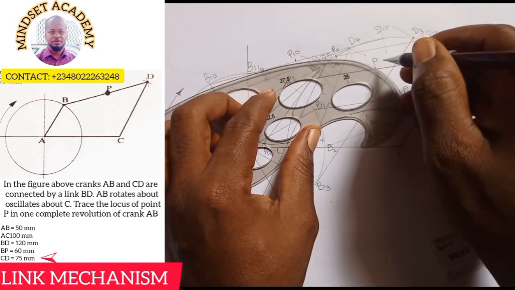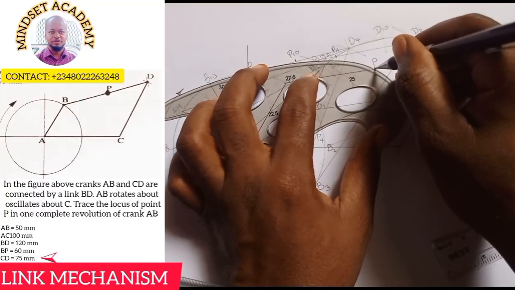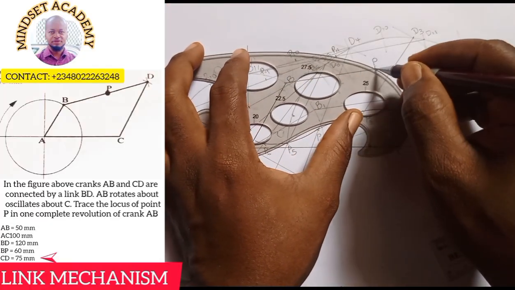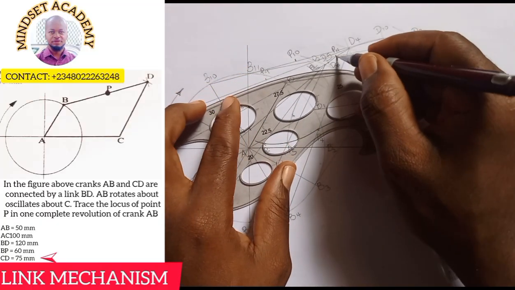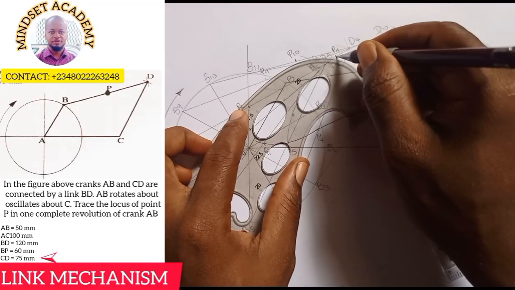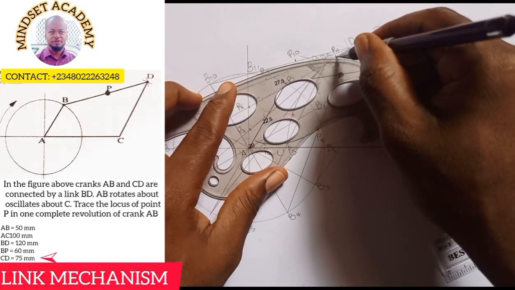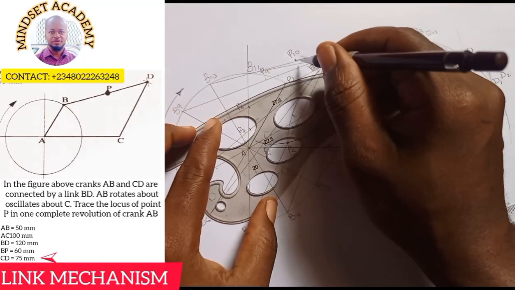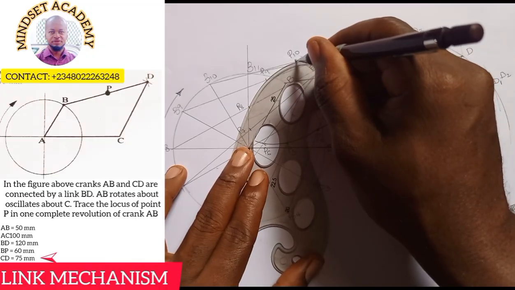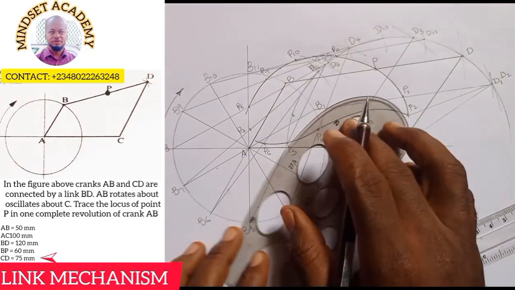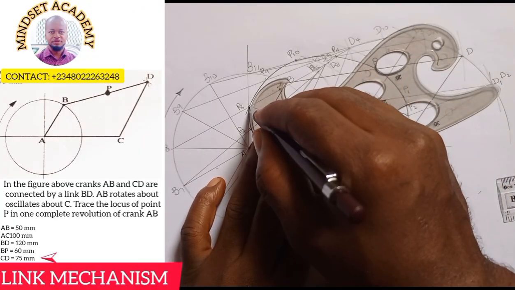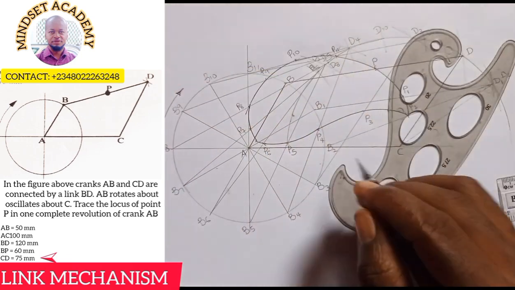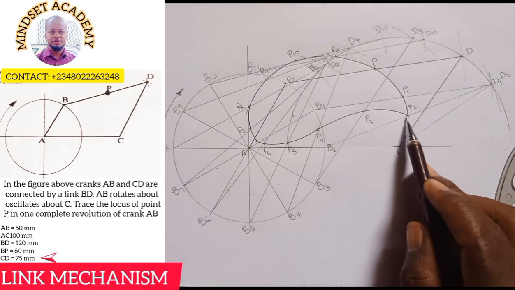From here, this is coming here. So this part you see here is the locus of P.